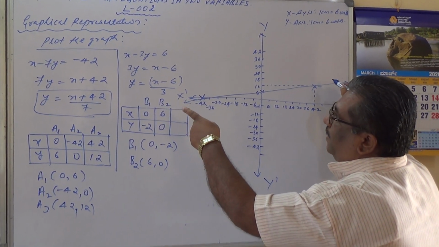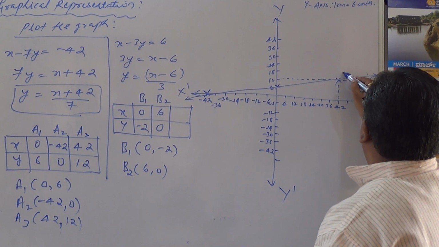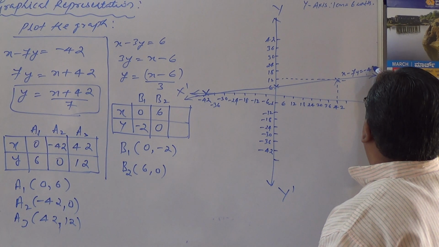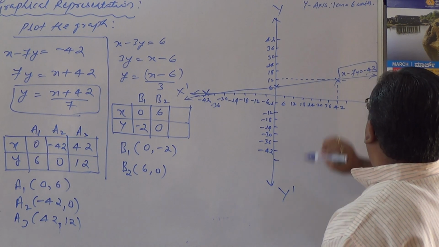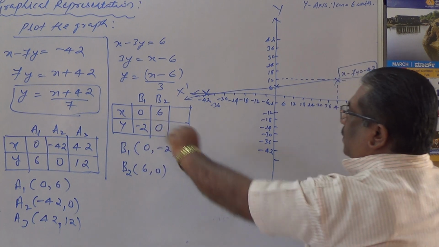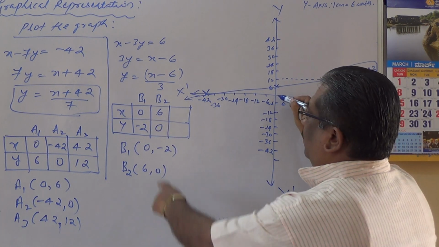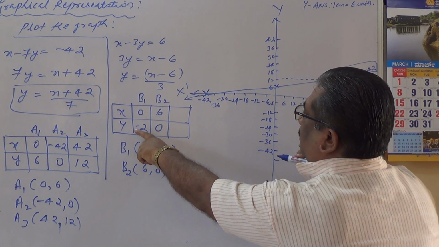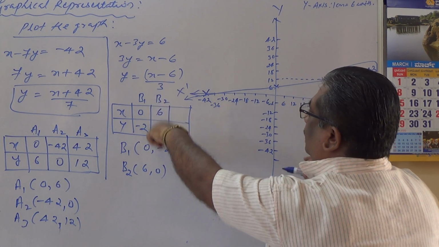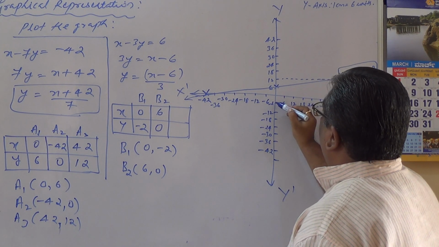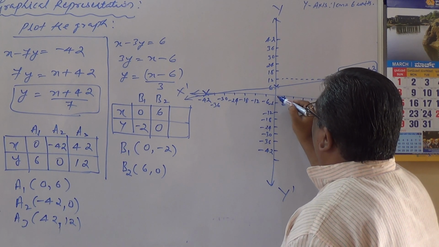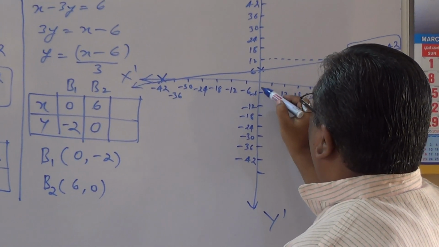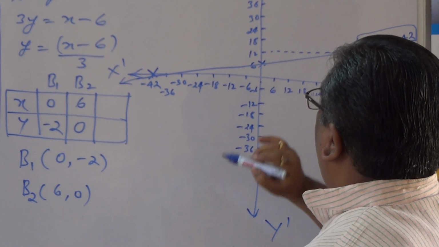This is x minus 7y equals minus 42. This I have to highlight. 0 comma minus 2 is this one. 6 is over here, so approximately 1/3 of this I can plot here.